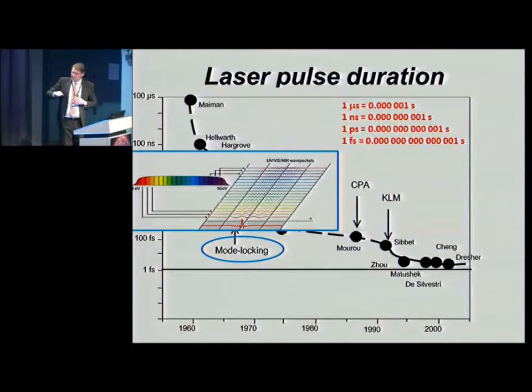And basically the mode locking that was developed in the late 60s was essentially a method to do this in a very clean way, and to make all the different colors that were present in a laser system line up in a very nice way, to get the shortest pulse possible given the number of different colors that were available.